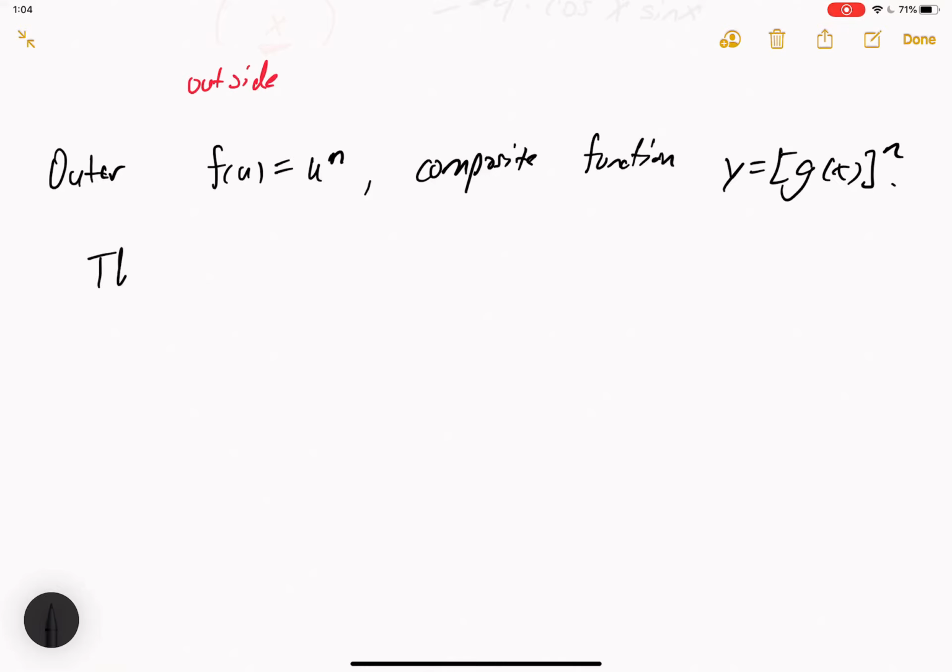Thus, what we got was y is equal to f of u, which is equal to u to the n, where u is equal to g of x. So that's basically what we had going on. So we can use the chain rule and the power rule to evaluate these derivatives.